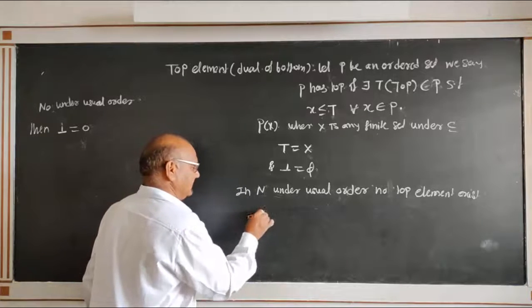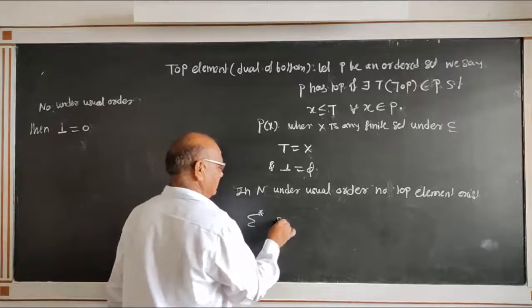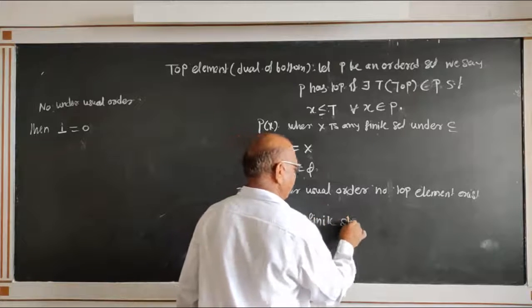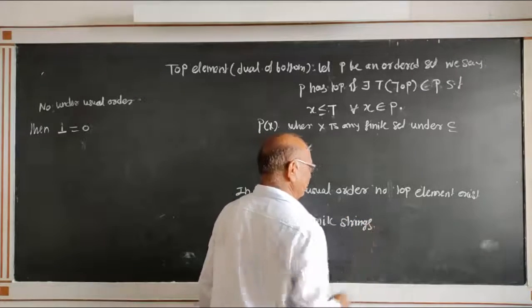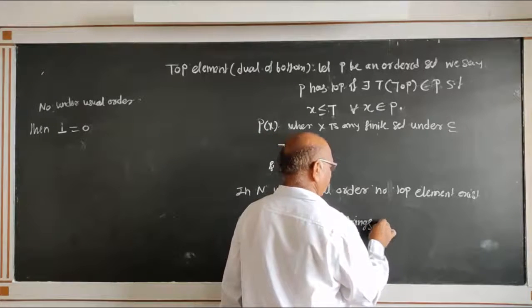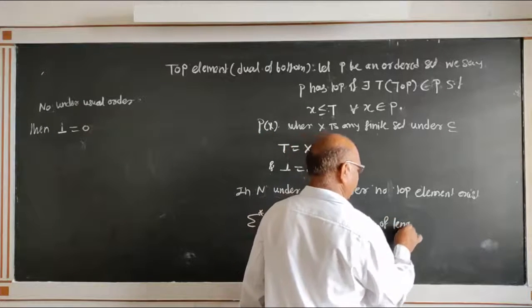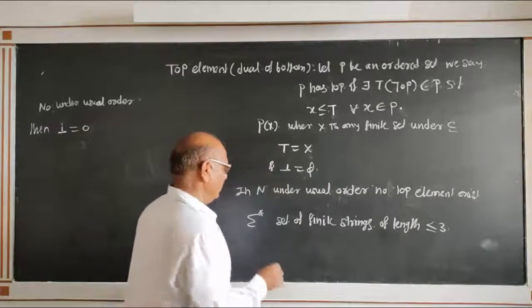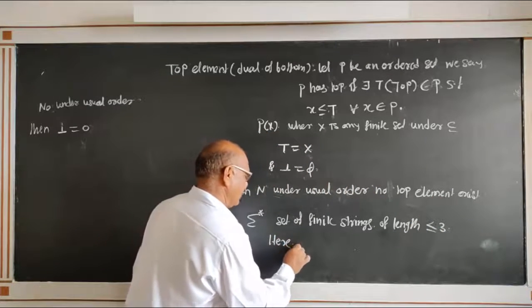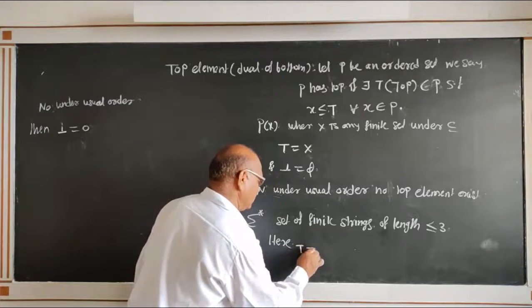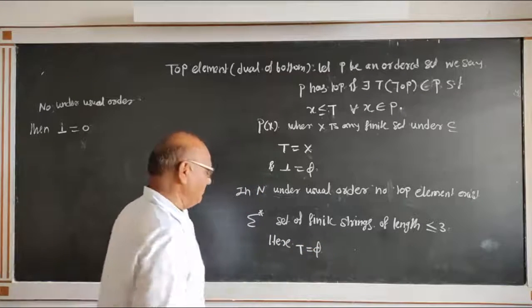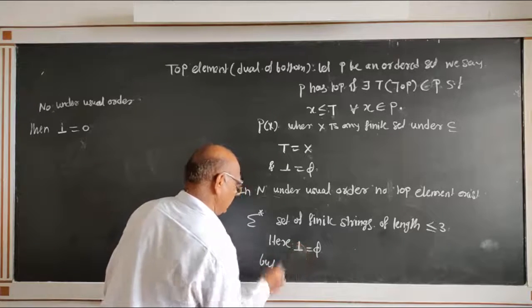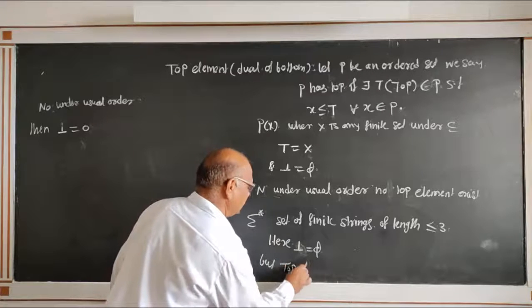Here, if we take the set of finite strings of length less than or equal to 3, bottom is equal to phi, but top does not exist.